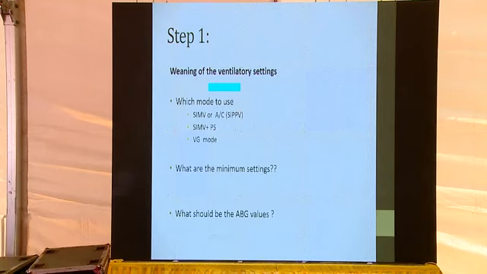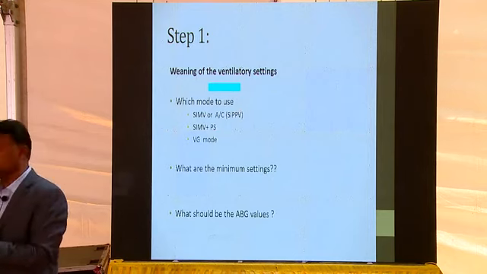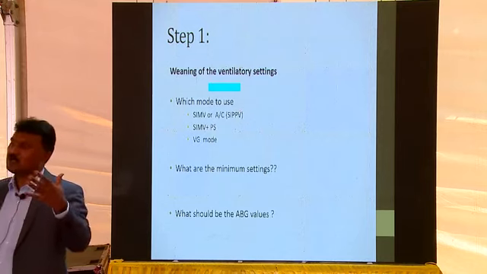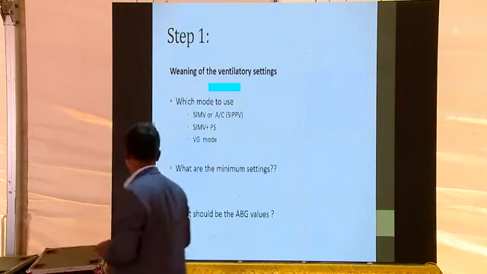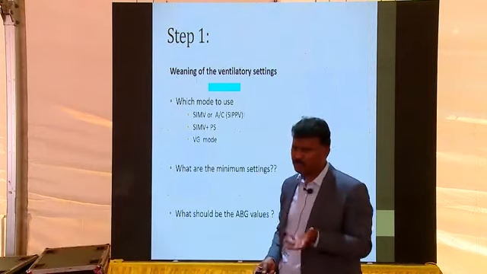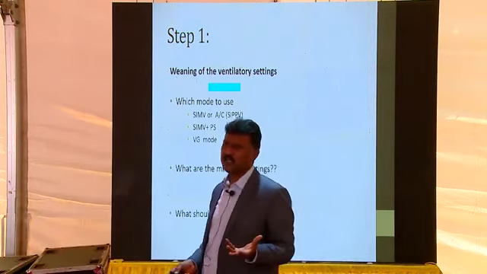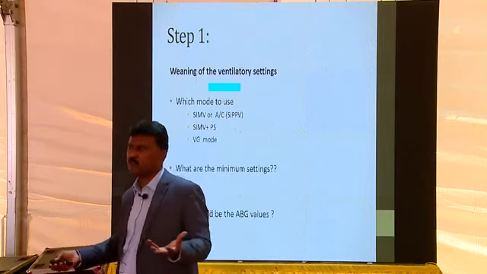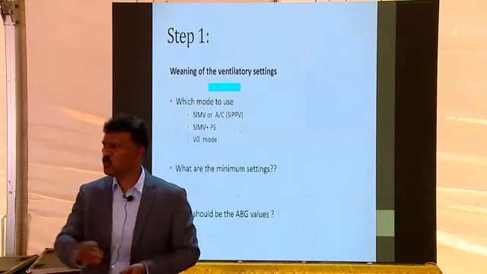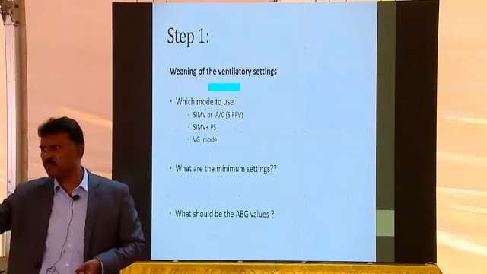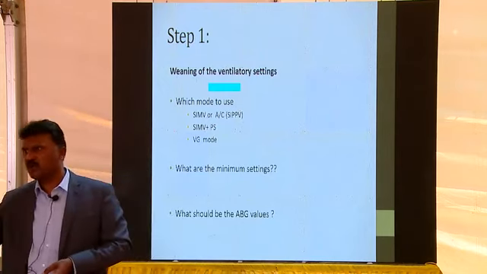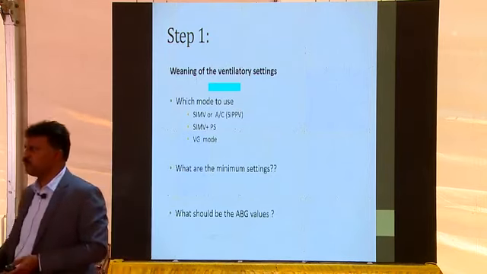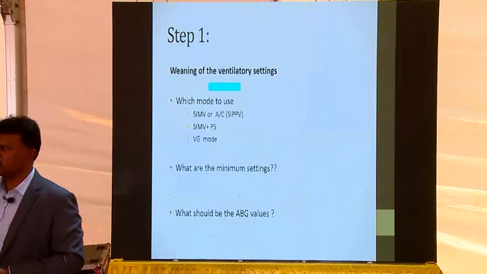People do it based on experience. Here the minimum settings we use are 14 pressures and about 4 PEEP. Can you come down to 3 PEEP, or reduce the PIP from 14 to 13, 12, 10, 5, or stop at this point?